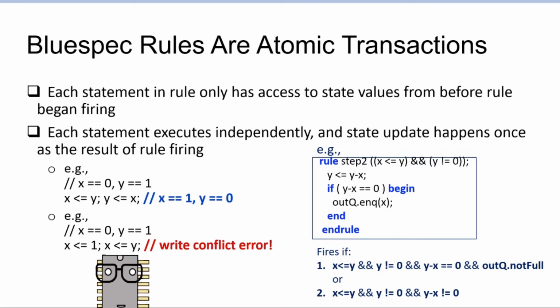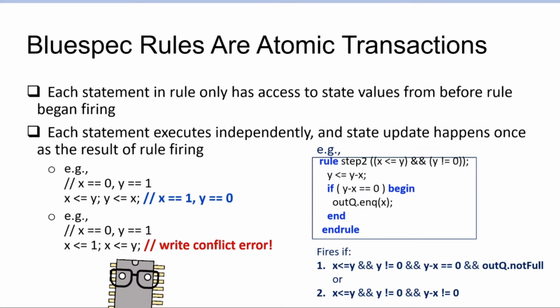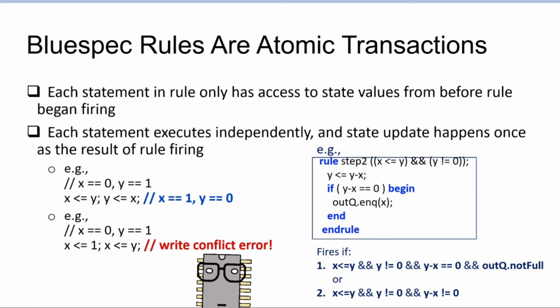But in an HDL, because these two statements are independent and in parallel, they want to execute together at the same time, but they both want to update the same register with potentially different values. When that happens, semantically, it doesn't make sense. We can't know which is the correct value to end x with. So this results in a write conflict error complained about by the compiler.